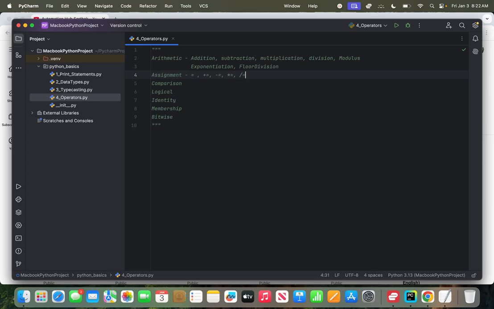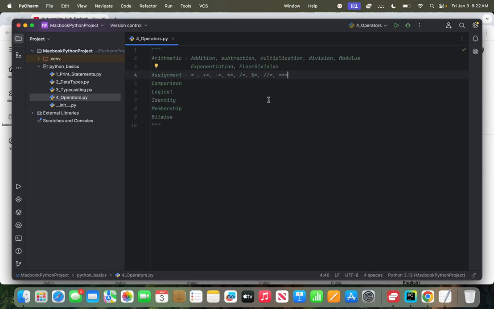See, all these basic things which we learnt, we already have. Then we have modulus equals to, then floor division equals to, this is special in Python, and then we have exponentiation equals to. This is the way exponentiation is represented, which we will learn in detail.